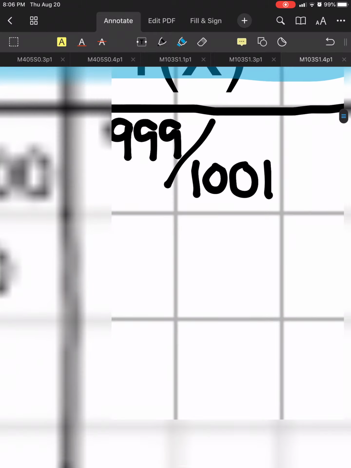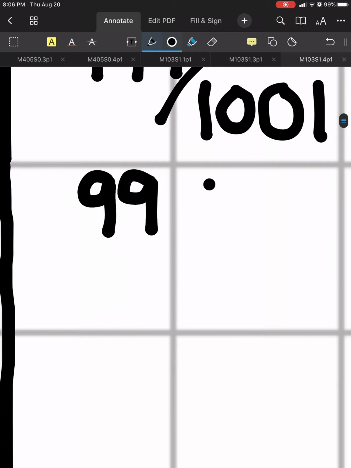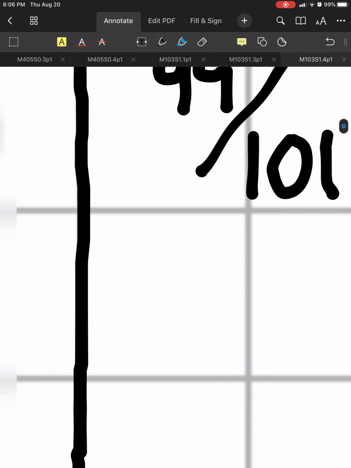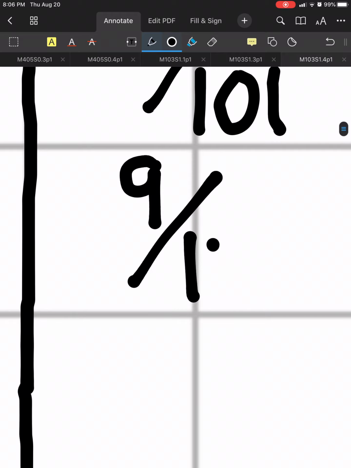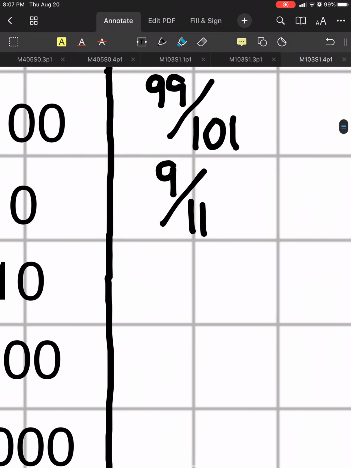The next one down, when we plug in negative 100, we should get 99 over 101. If we plug in 10, we should get 9 over 11. If we plug in negative 10. These were all negatives.